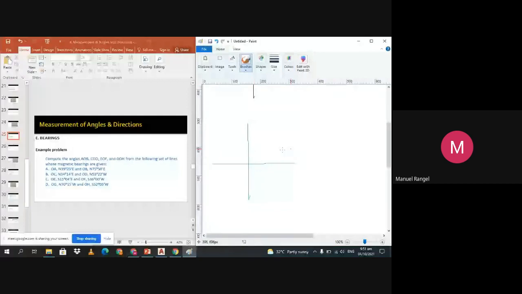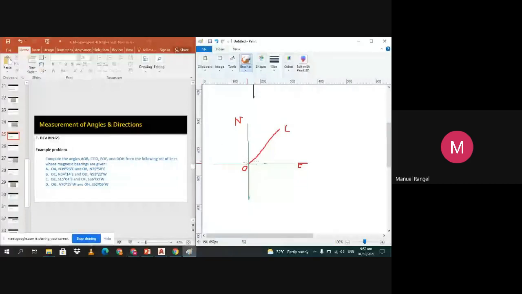So this is point C, line OC. Then line OD, we have 53 degrees 22 minutes west.